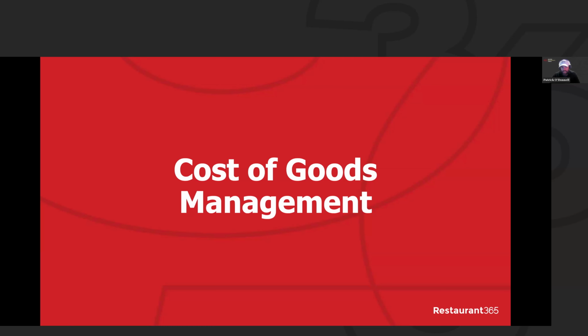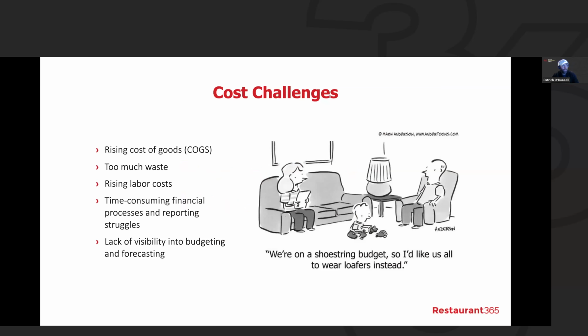These are where you have the ability to influence your spending, and R365 can play a significant role with you in that process. Some things that will present challenges to that control are rising cost of goods, tracking waste and entering that into a system that accounts for it, rising labor costs, time-consuming financial processes and reporting struggles, and then a lack of visibility into how you think your week's going to go, your month, your quarter, and ultimately your year.